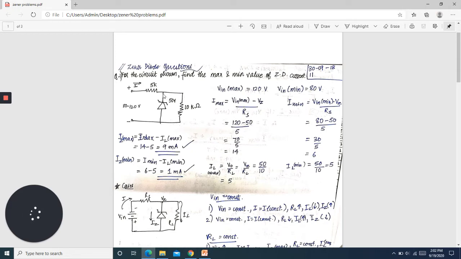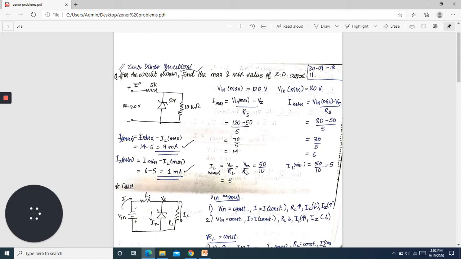So two values we can easily get. One is the output voltage, which is equal to Vz, and the second is IL, the load current, which is equal to VO by RL. So it will be 50 by RL.